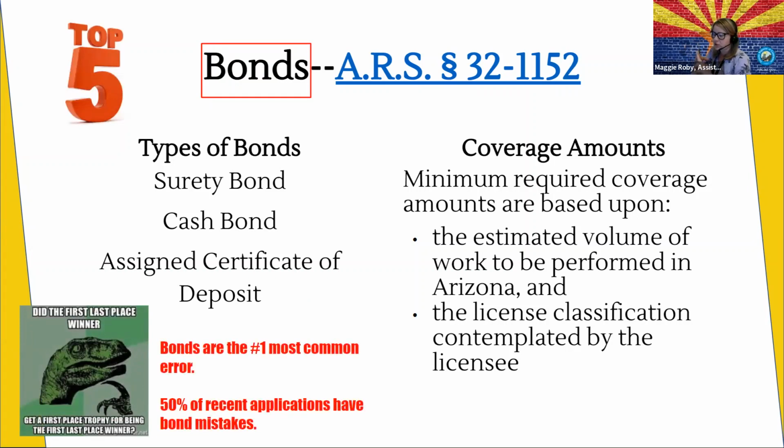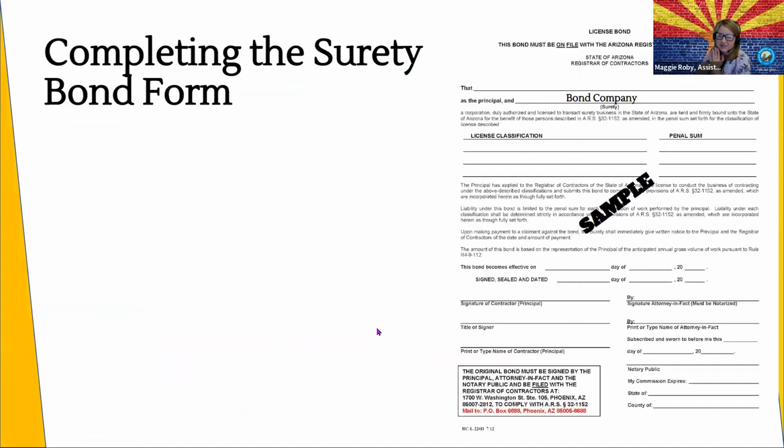And then we're going to take a look at the bond amounts and how that looks on your bond form as well. Keep in mind, bonds are the number one most common error in applications. So pay close attention to these next couple of slides because we'll go over key important parts. Your bond must be submitted on the ROC license bond form.